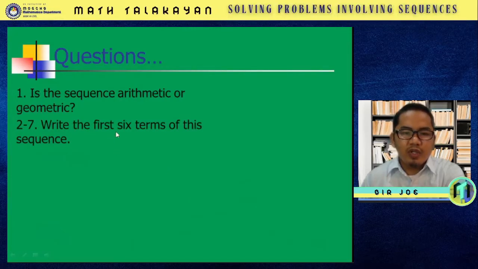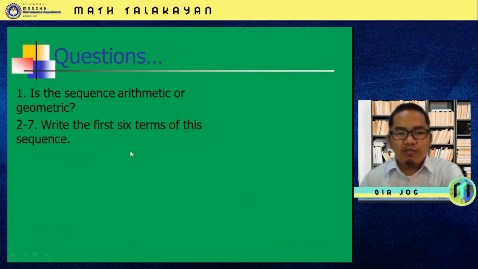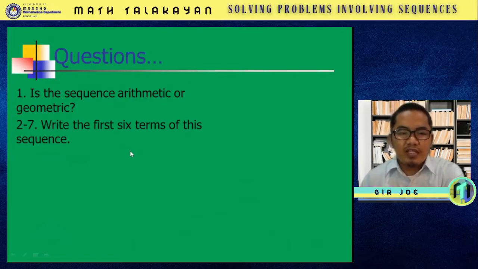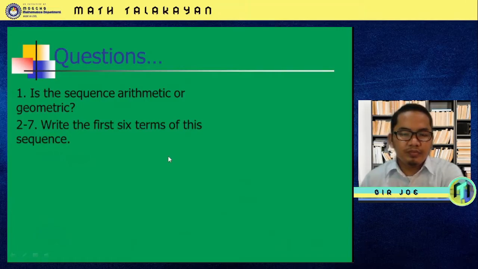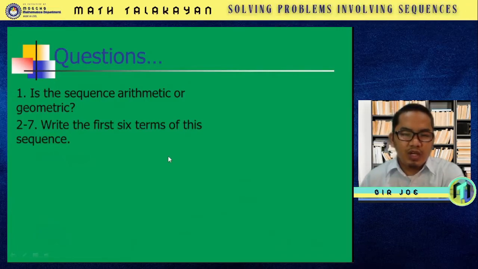So you are going to write 6 terms of this sequence. 5 is the first term, which I will give to you. Second, third, fourth, fifth, and sixth. Then use a calculator to make sure of your answers.